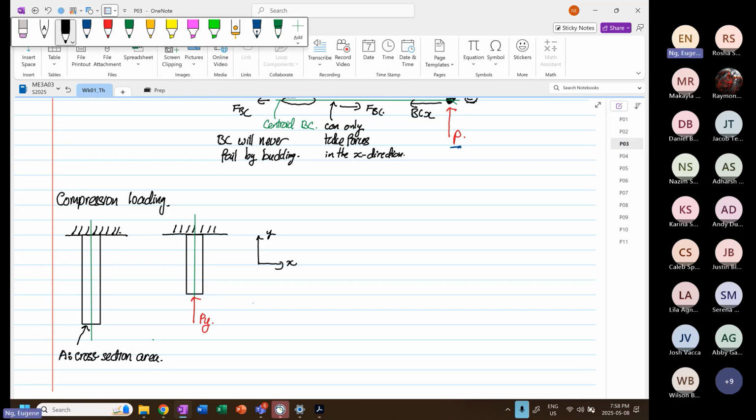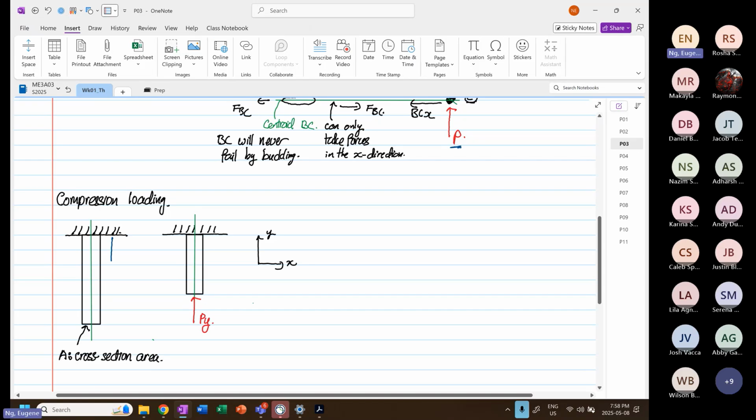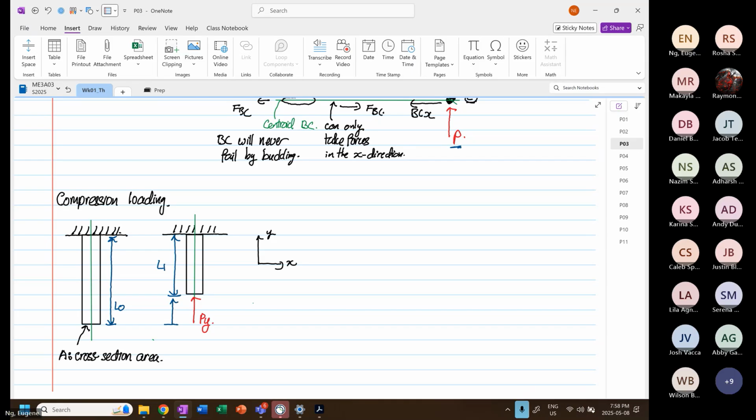Because of the load that is applied, initially this is our L naught, and now this is our L1. So over here, this is our delta L. That's our delta L.